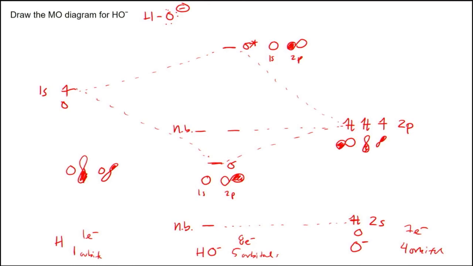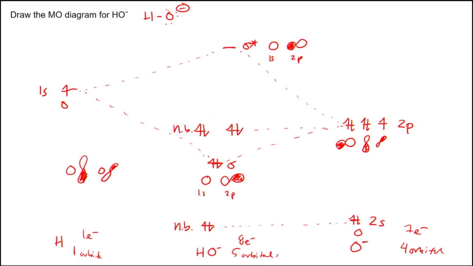So we have 1, 2, 3, 4, 5, 6, 7, 8. We can see that the non-bonding orbitals are going to be completely filled, but the sigma anti-bonding orbital is going to be completely empty.